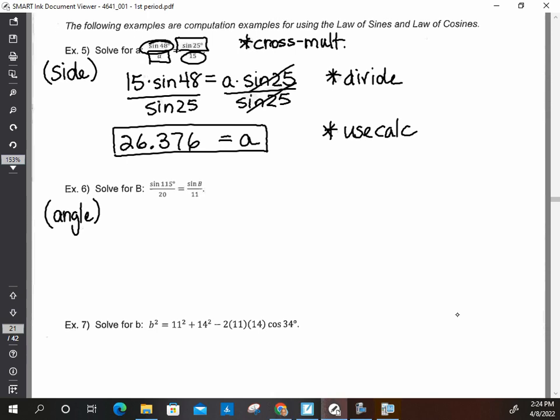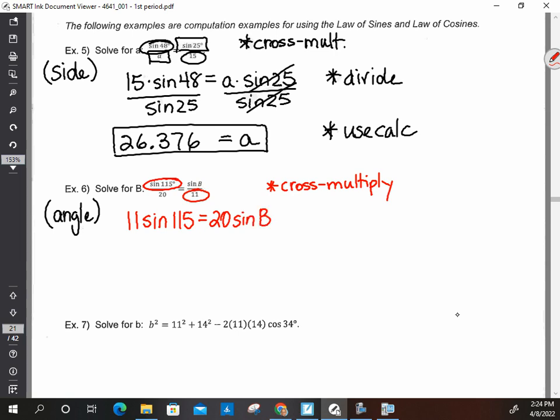Now, example 6, now we're finding an angle. So it adds one additional step to it, but nothing too difficult. So once again, we have two fractions. So first step is to cross multiply. So if we cross multiply, 11 sine 115 equals 20 times sine of b.